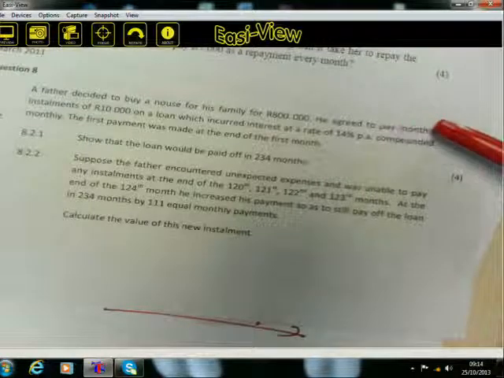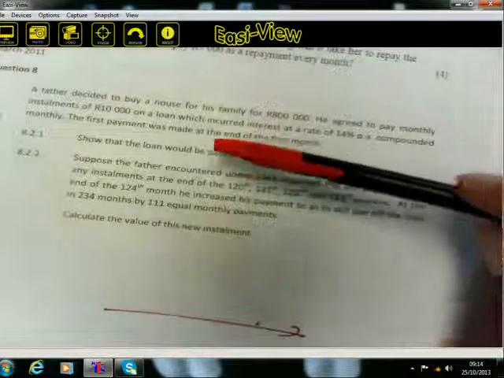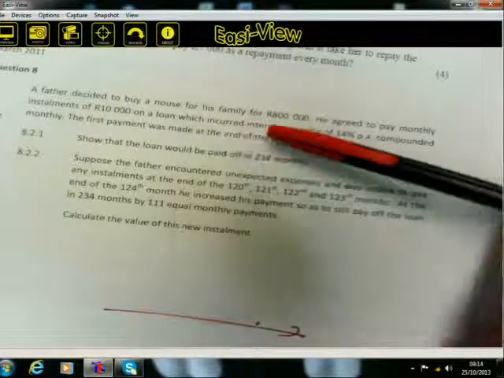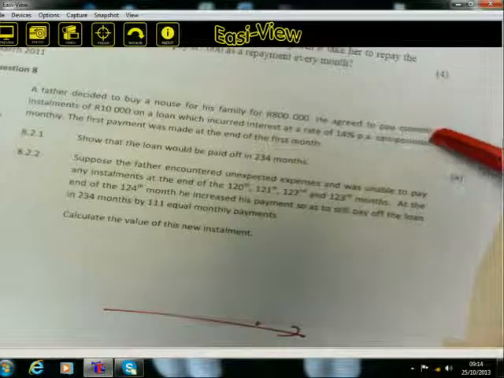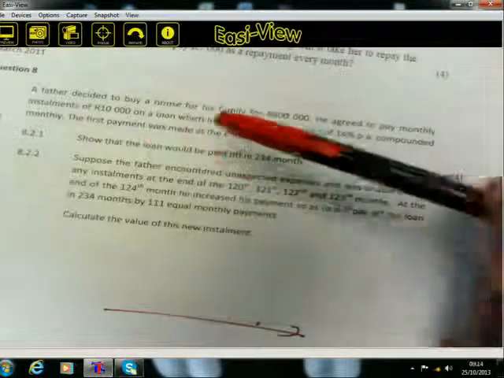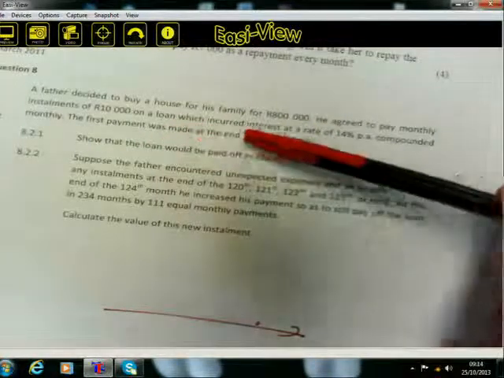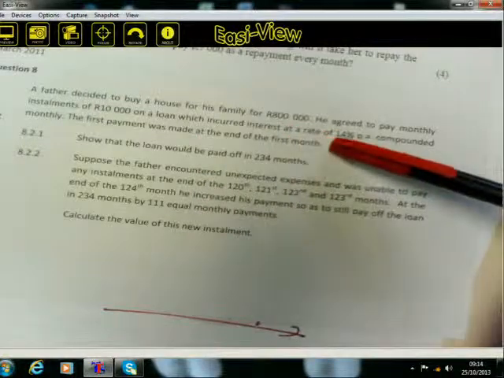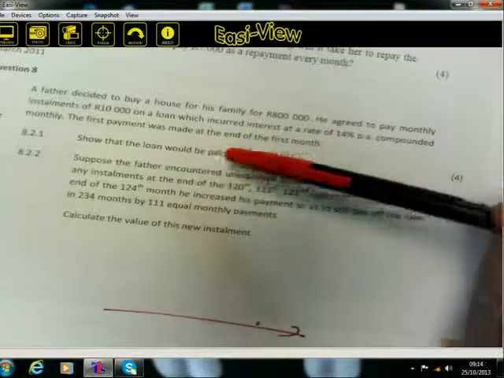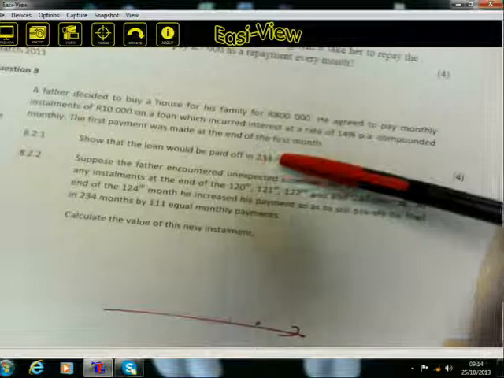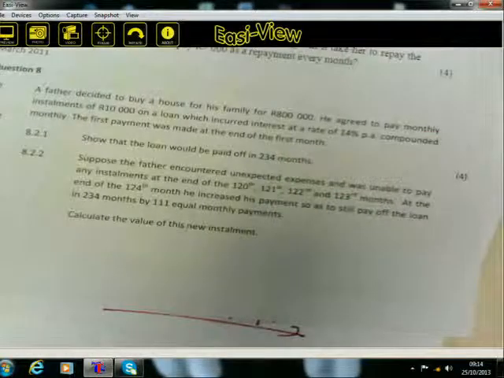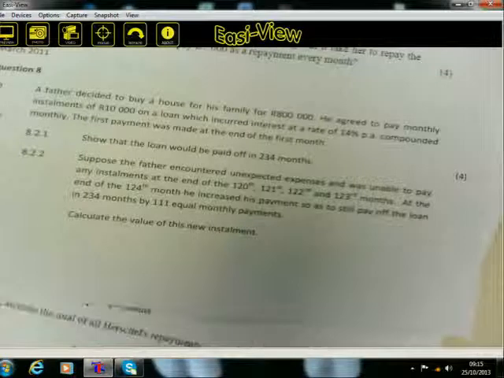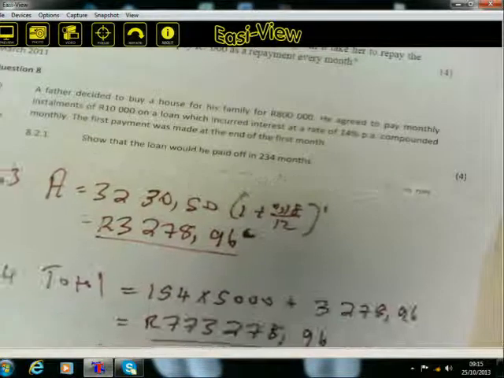He agreed to pay a monthly installment of 10,000 on a loan, which incurred interest at the rate of 14% per annum compounded monthly. The first payment was made at the end of the first month. Show that the loan will be paid off in 234 months.